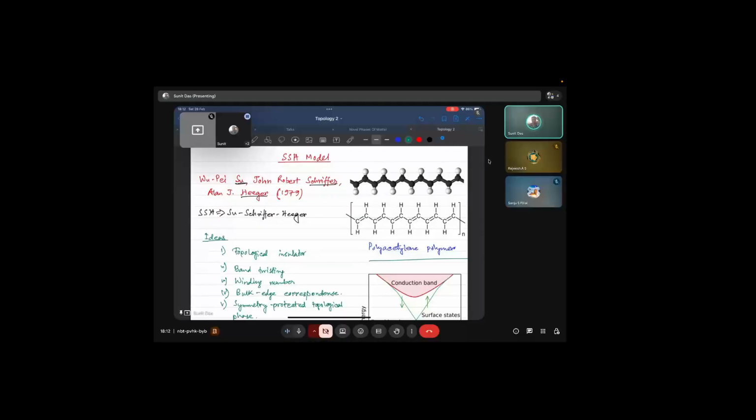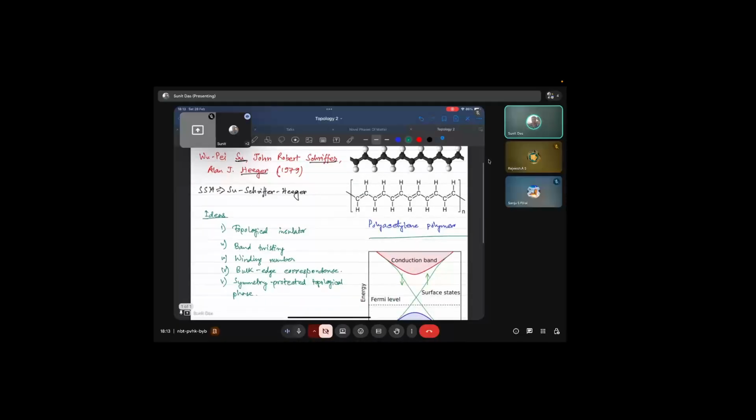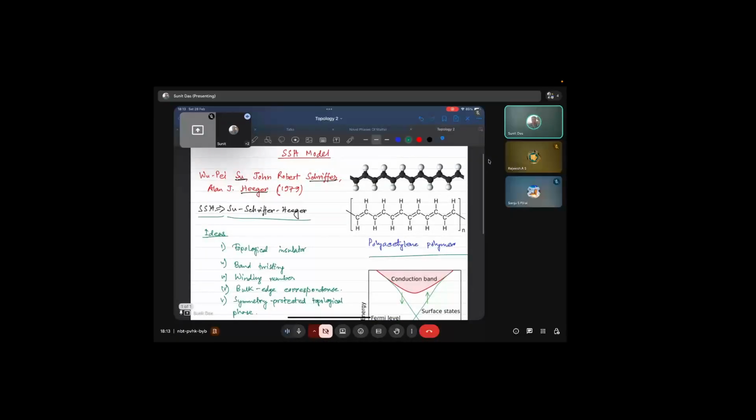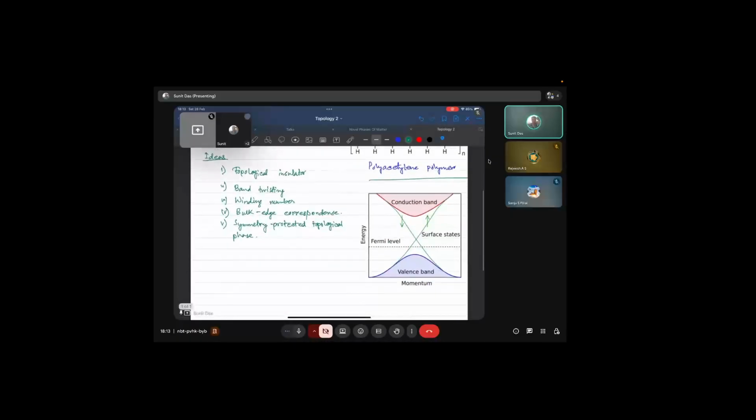Now this has been adapted to understand the topological phase and how it differs from the conventional trivial phases. So we'll interchangeably use SSH model or Schrieffer-Heeger model, as per the last names of these three scientists. I'll try to cover these five ideas actually, as much as possible.